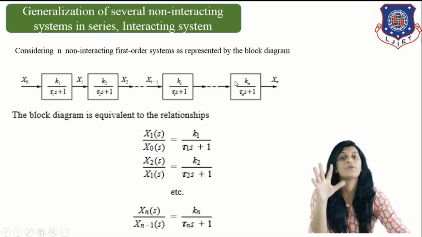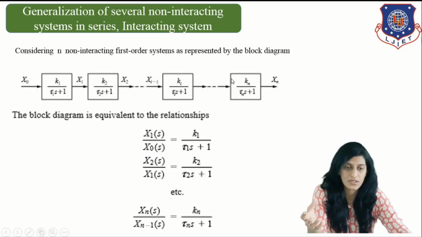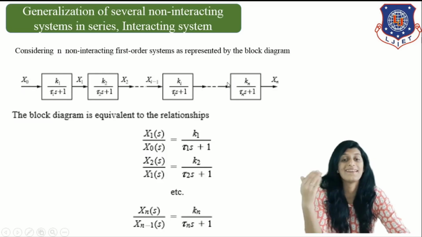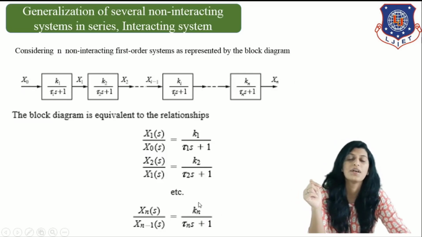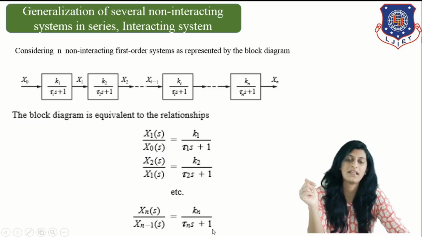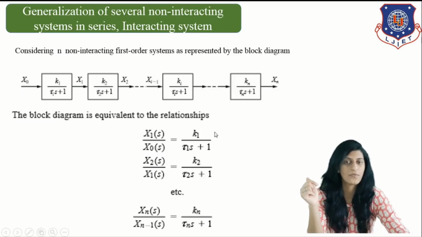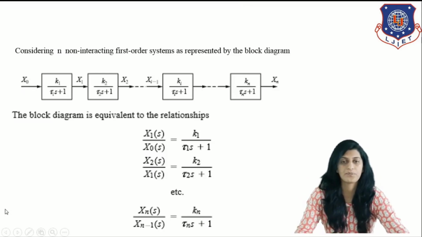If you need to write for the nth block, it will be in the form of xn(s) upon xn minus 1(s) equals kn upon tau n s plus 1, because whatever number is written here, the same number is written on this side also. So this is the generalized way.